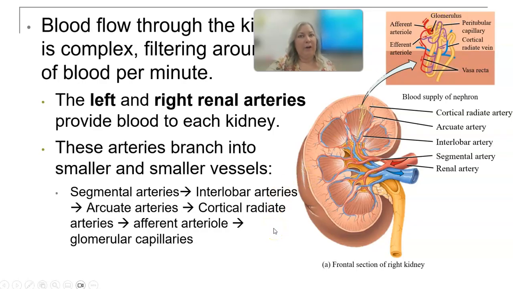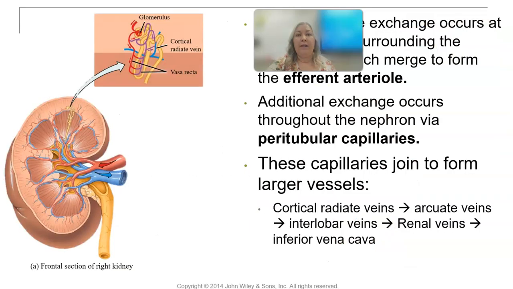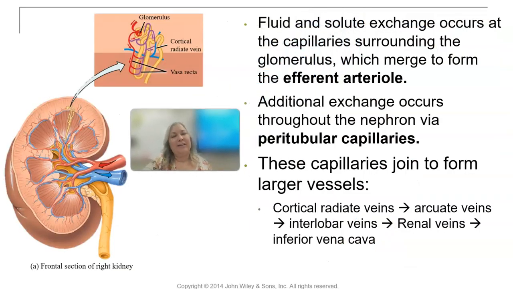So these words seem kind of complicated, but the good news is when we're talking about the drainage, after all of this filtration and the dropping off of nutrients and energy have happened for the kidney tissue itself, the draining is exactly the same, except backwards. And so we start with our cortical radiate veins through, there we go.